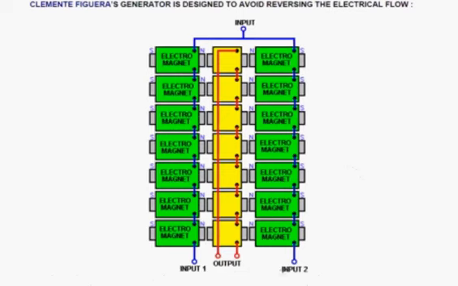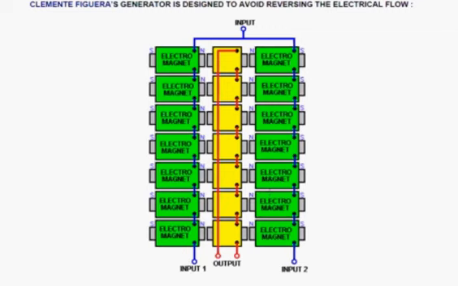And what he has done is he has created 21 separate electromagnets. The ones in green are input, and there are 2 sets of 7, 7 on the right and 7 on the left. They're both connected to an input at the top, and they have a separate output at the bottom.